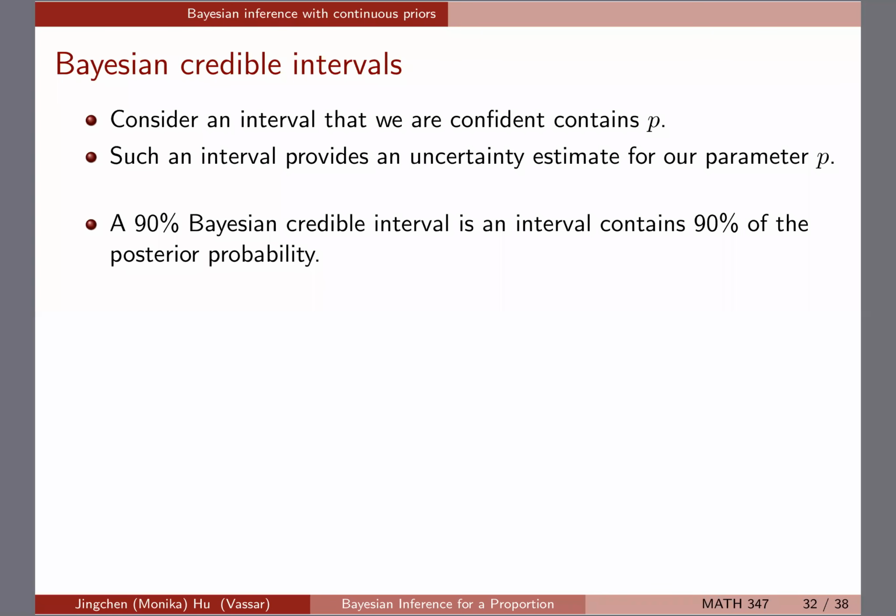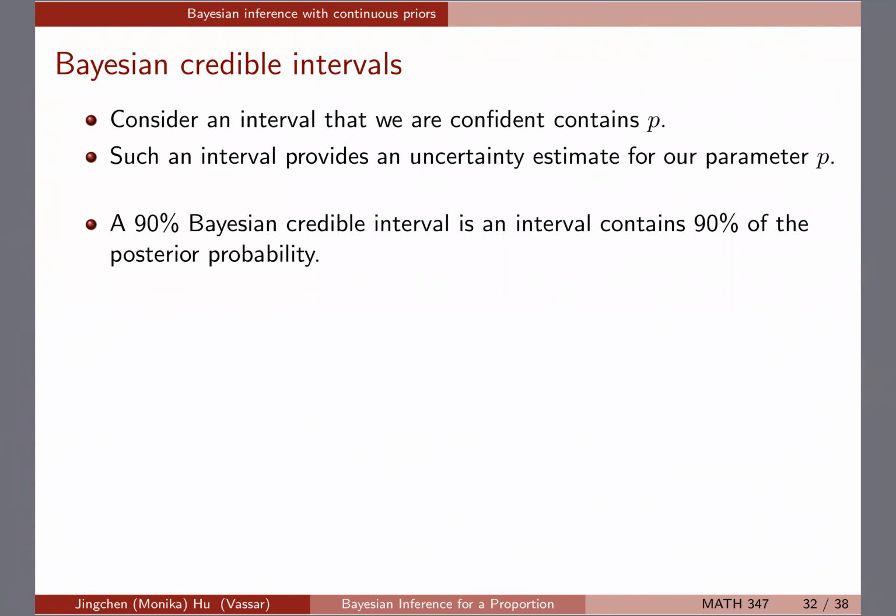Recall that in the frequentist approach, it's the other way around, right? If you do this experiment a large number of times, and say it's a 95% confidence interval, then 95% of those intervals will cover the truth, okay?